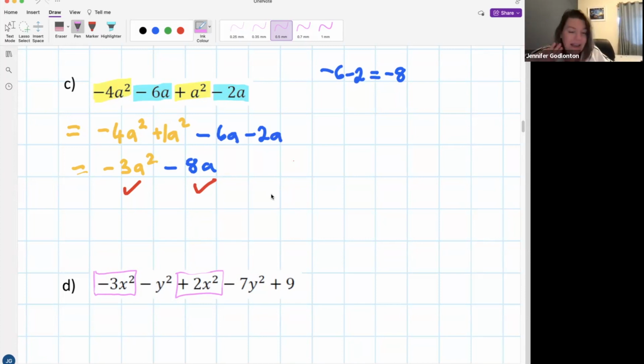You don't need to have different colors. If you don't have them, that's okay. We just need something to show our brains what is different.